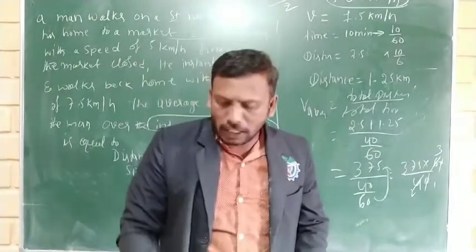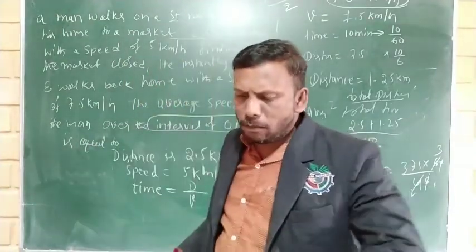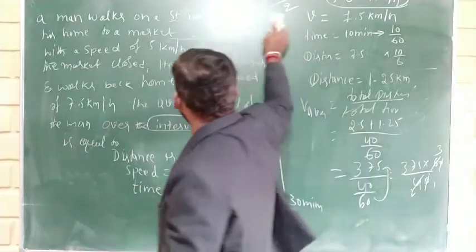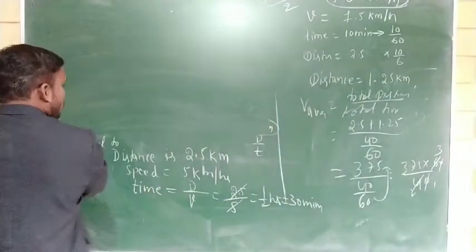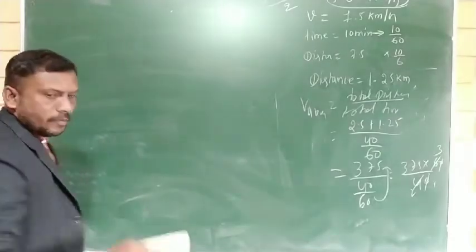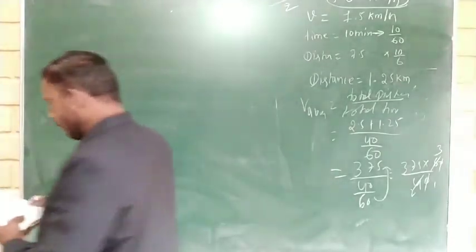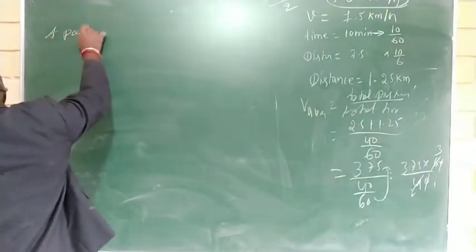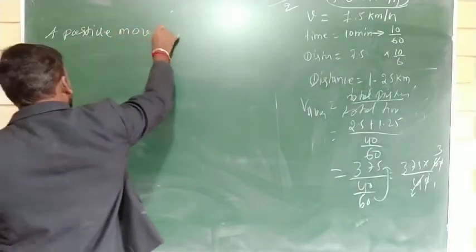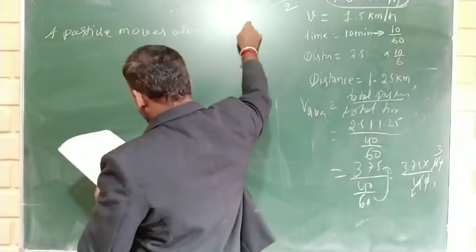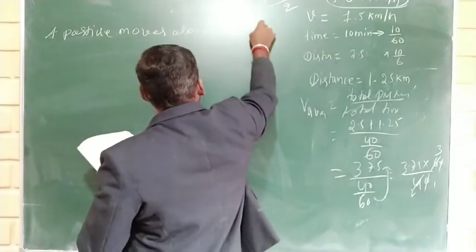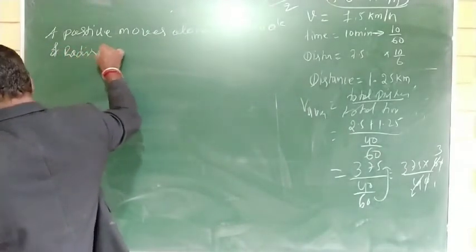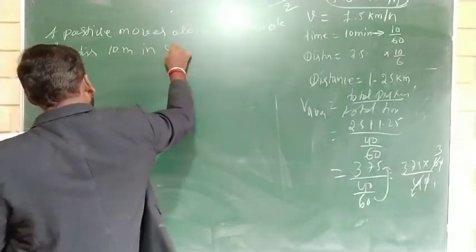Next question. A particle moves along a semicircle of radius 10 meter in 5 seconds.